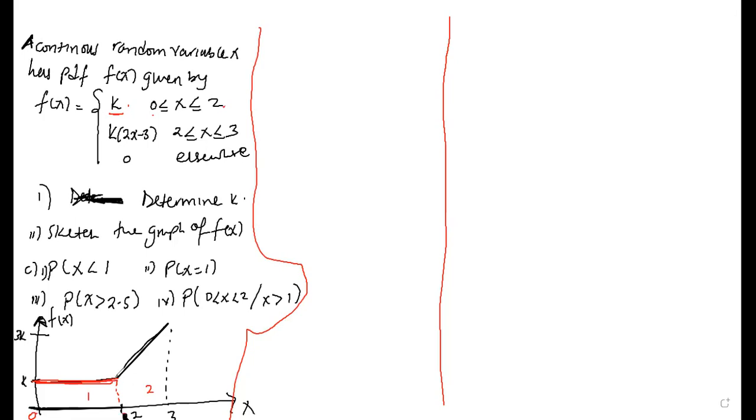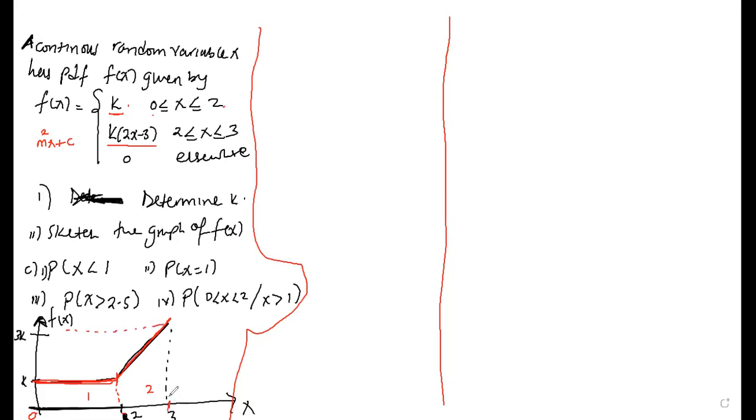When it reaches 2, it reaches on this function of f of x, which is in the form mx plus c. So it's a line with a gradient 2, which is positive. So you draw a line with a positive gradient, which is this one, until it reaches 3. So 3 is down here.